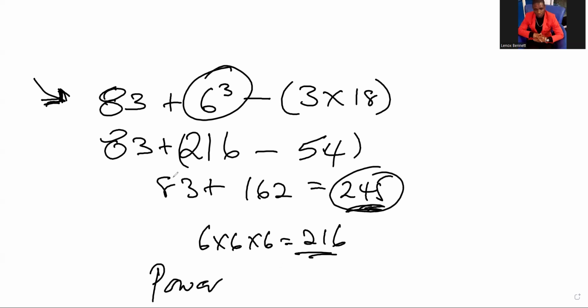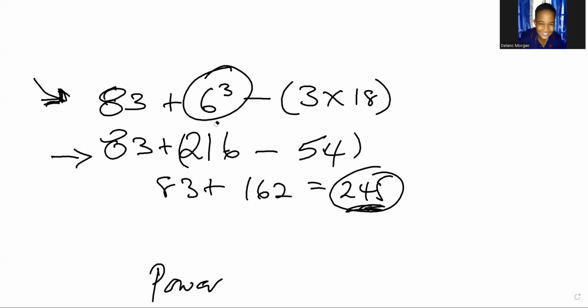And another thing, you should have added from left to right. Not all the time it works, you know. We're supposed to do it from left to right, because sometimes you subtract first and you end up with a different, incorrect answer. But it works out this time. So it's 245. You should have started at the exponent, not the bracket.